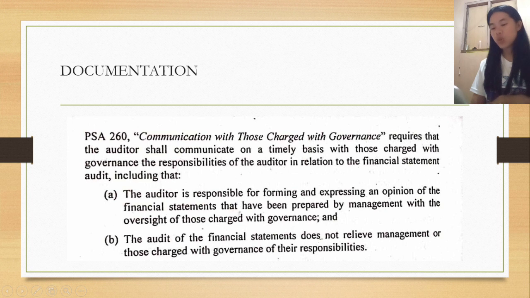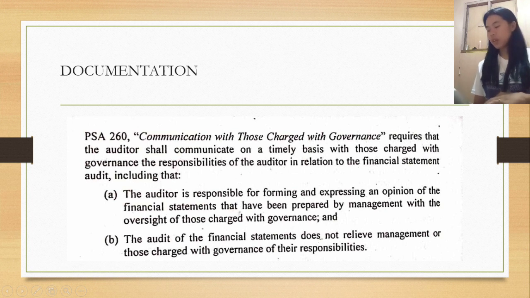The auditor is responsible for forming and expressing an opinion on the financial statements that have been prepared by management with the oversight of those charged with governance. The audit of the financial statements does not relieve management or those charged with governance of their responsibilities.